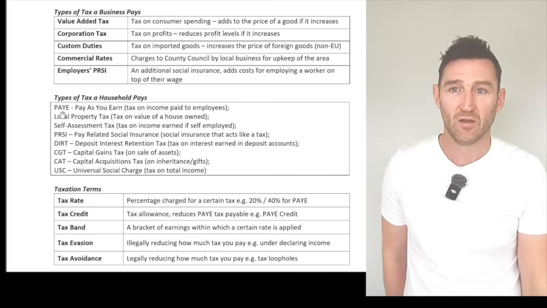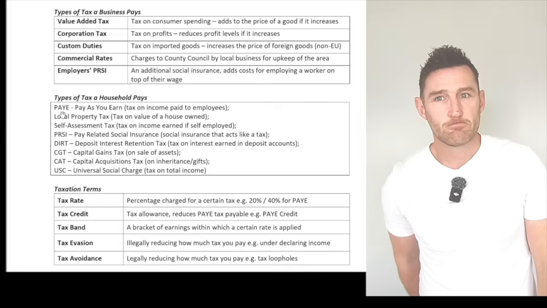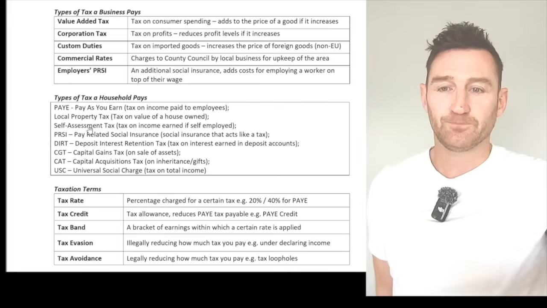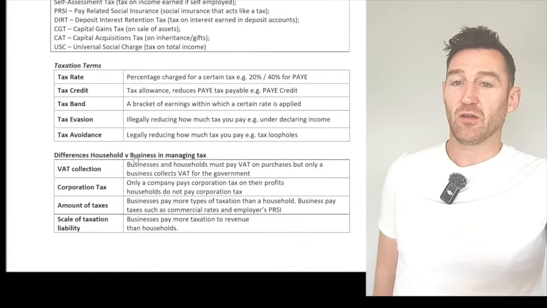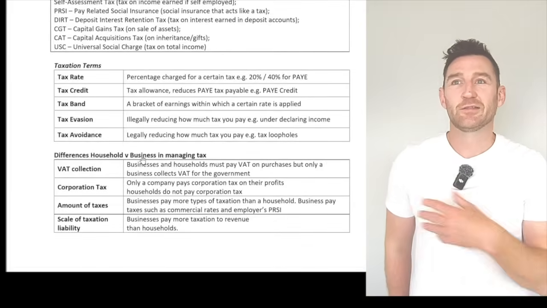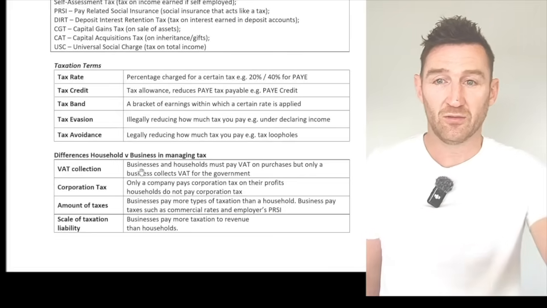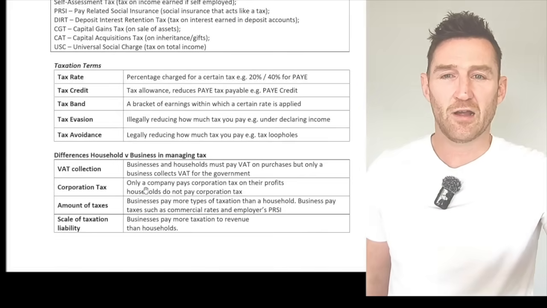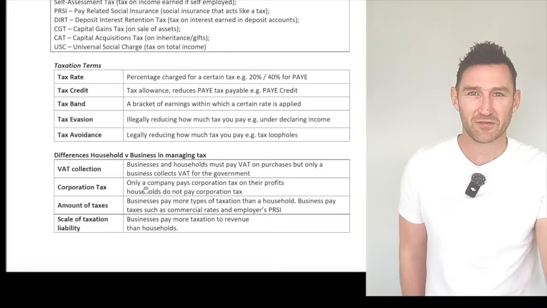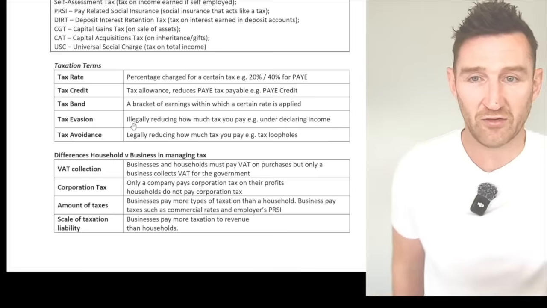The question on the differences between household and businesses in managing tax has thrown so many students, but it's a lovely question because you can name a type of tax. You can say corporation tax, a business needs to pay it and a household doesn't, and you've dealt with the question. It's actually a way easier question than you think.